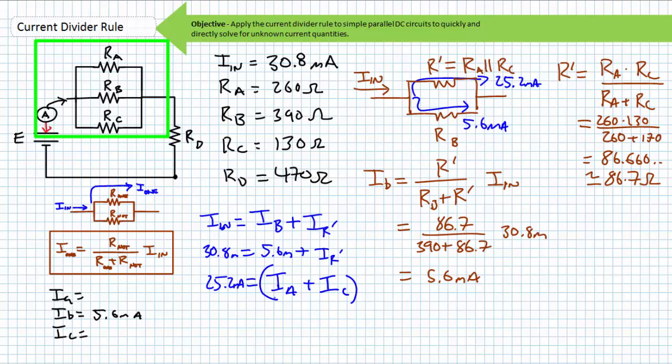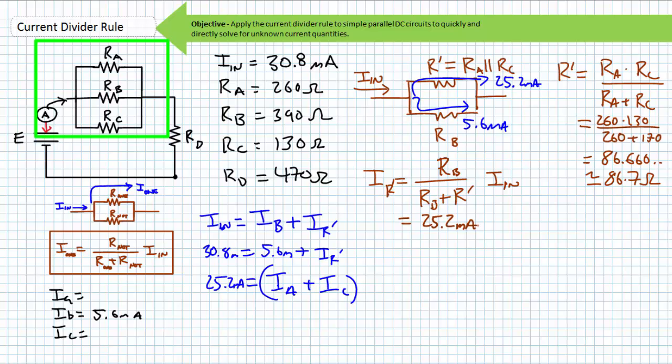We solve for the current through R prime using a restatement of Kirchhoff's current law, but we could have just as easily solved for the current through R prime using another restatement of the current divider rule, where IR prime equals RB divided by RB plus R prime times incoming current, which should again yield 25.2 milliamperes.